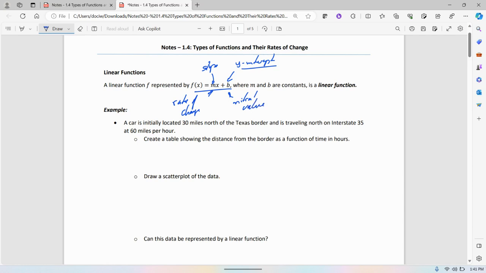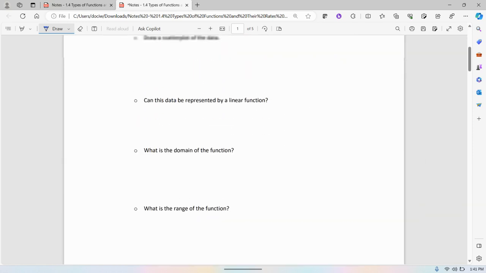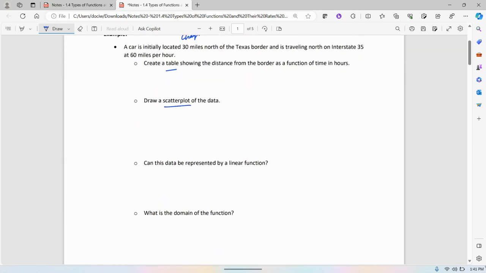Okay. You can represent data using a table, scatter plot, linear function. Let's suppose that a car is initially located 30 miles north of the Texas border, is traveling north on Interstate 35 at 60 miles per hour. If I want to create a table showing the distance from the border as a function of hours, okay, let's use x for time, y for distance.